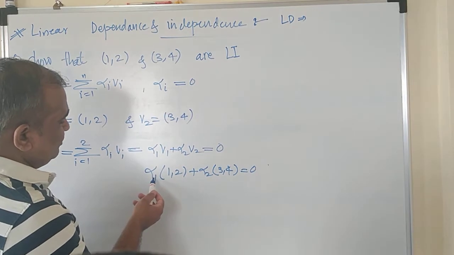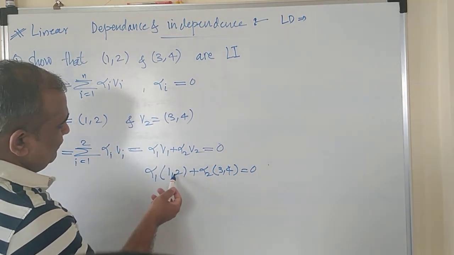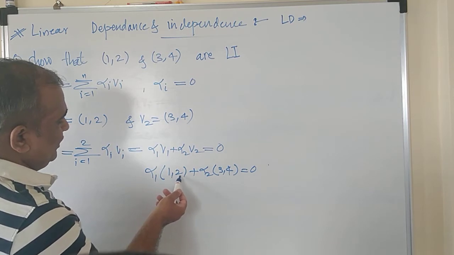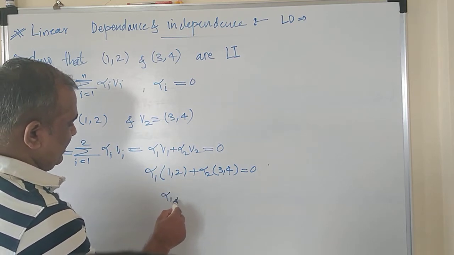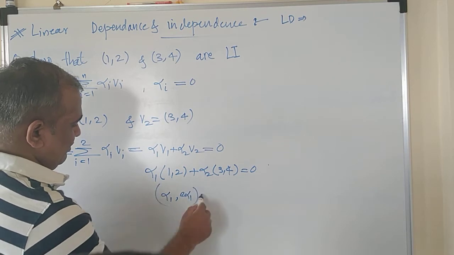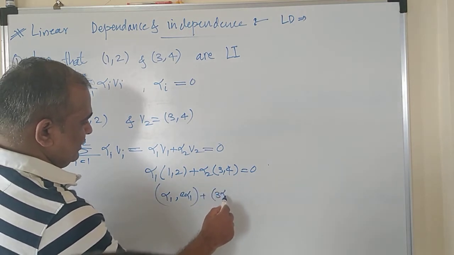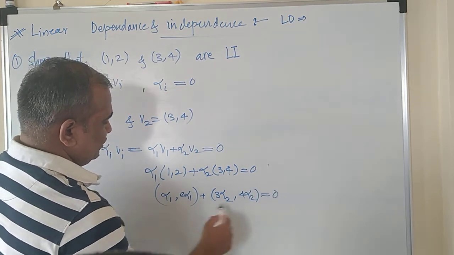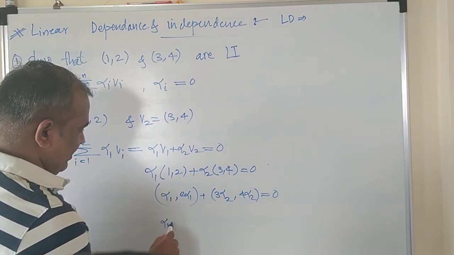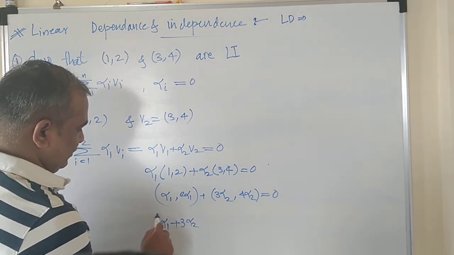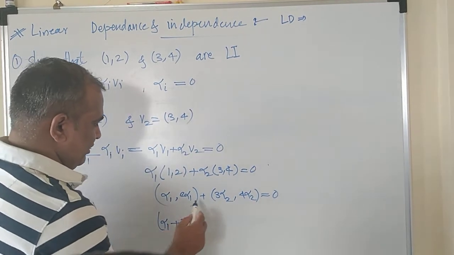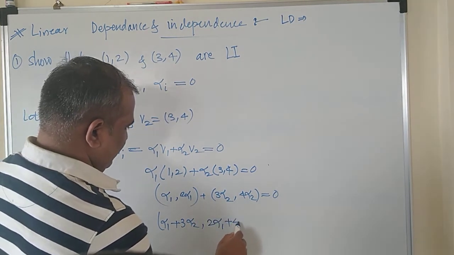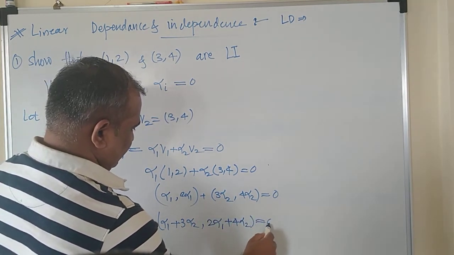Multiplying the scalars to these vectors gives alpha 1 and 2 alpha 1, plus 3 alpha 2 and 4 alpha 2, equals 0. So this gives me alpha 1 plus 3 alpha 2, and 2 alpha 1 plus 4 alpha 2 equals 0.